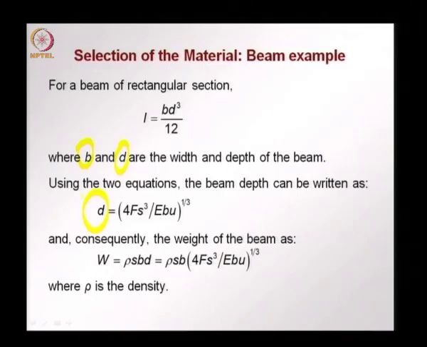We use this now to find out what would be the weight of the beam. The weight of the beam obviously is the density times the volume. So, we have W, which is the weight of the beam, given as the density rho times the volume, which is the length or the span, multiplied by the width multiplied by the depth.